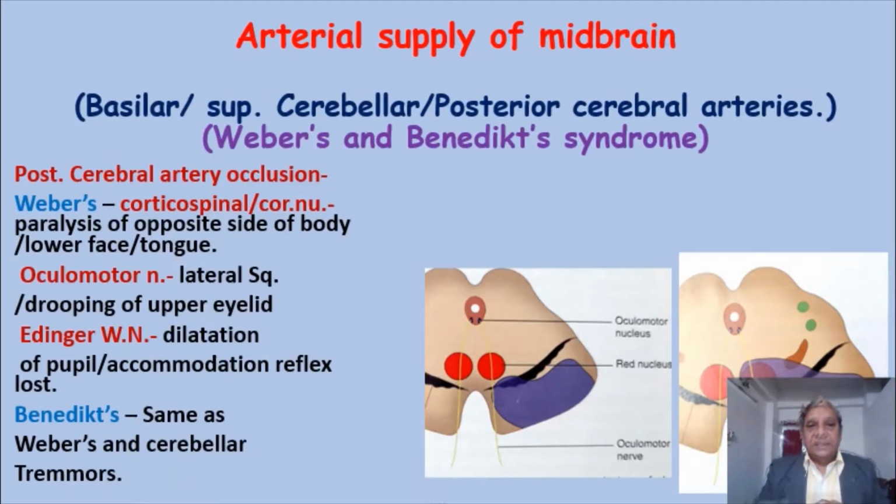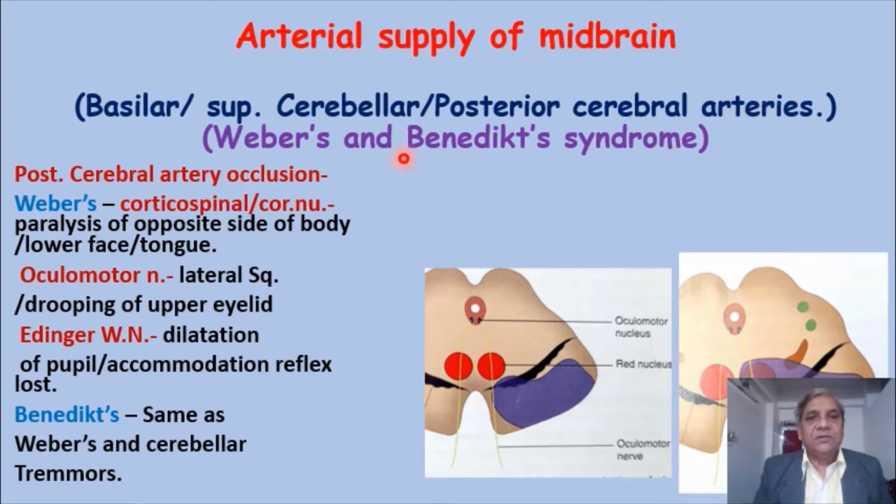oblongata. Let us come to the arterial supply of the midbrain and the clinical condition associated if these arteries are blocked. We have learned already that three different branches supply the midbrain: basilar artery, superior cerebellar, and posterior cerebral arteries. I have shown you in the previous slide.